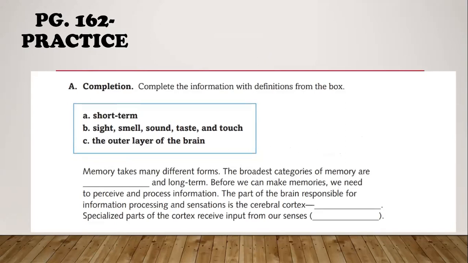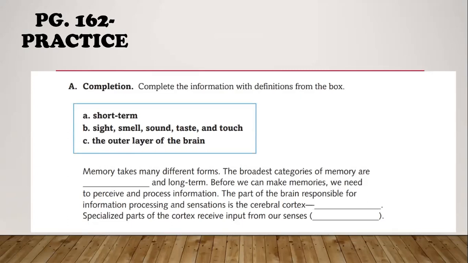We need to drag or match certain words to what you have here. For example, short term, sight, smell, sound, taste, and the outer layer of the brain. Number 1, memory takes many different forms.